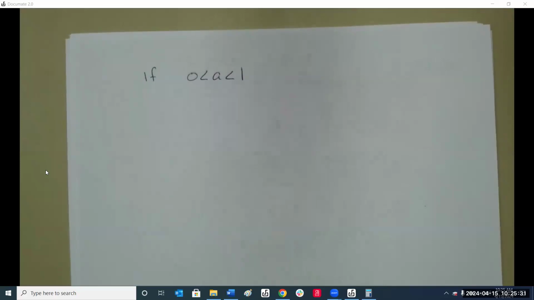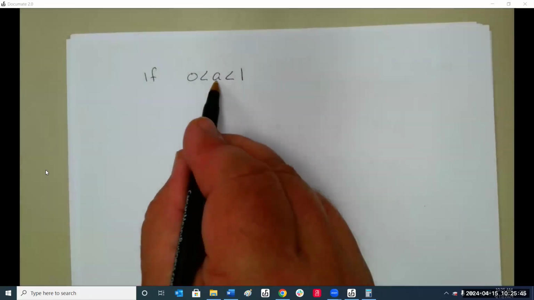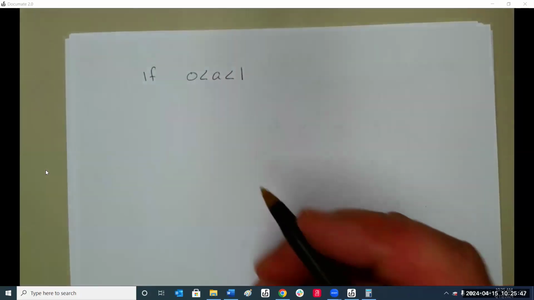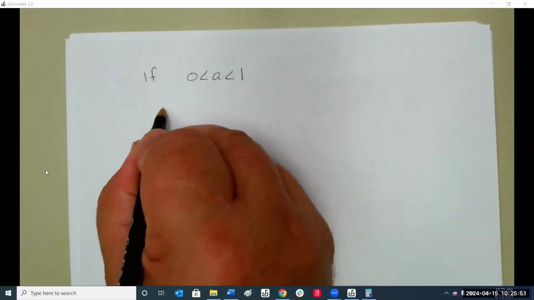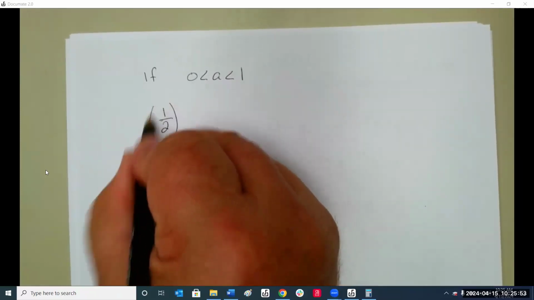If a is between 0 and 1, what's the form of it? It's a fraction. So let's say that a is 1/2.